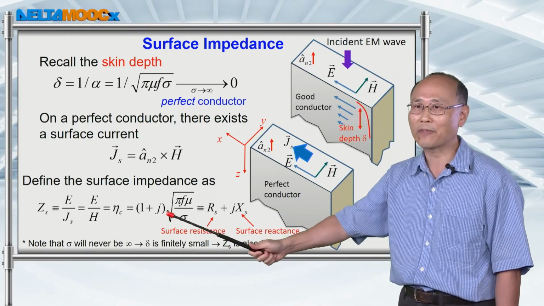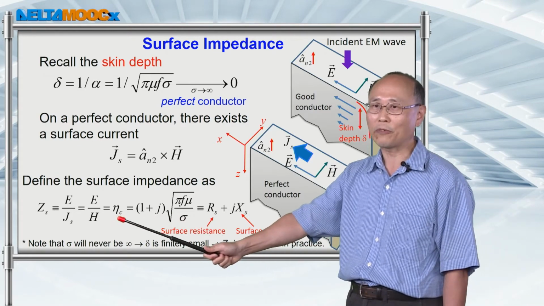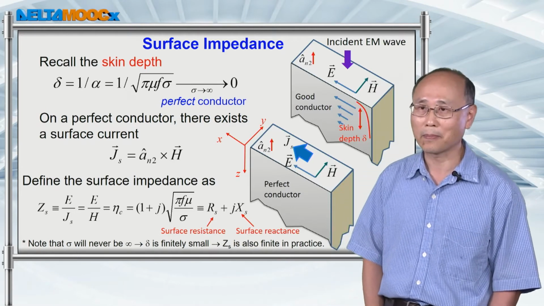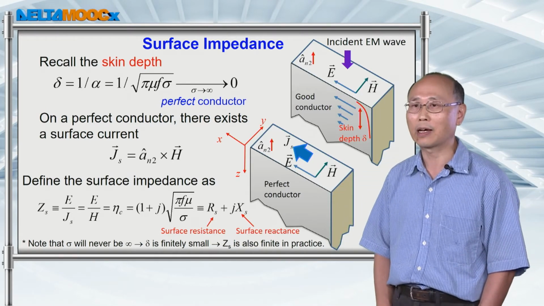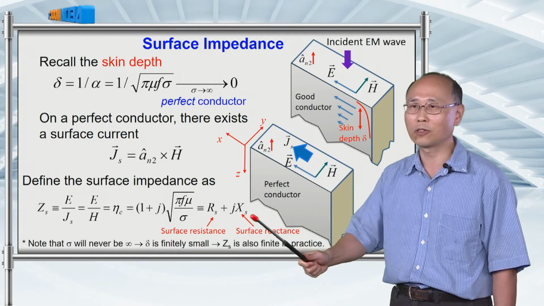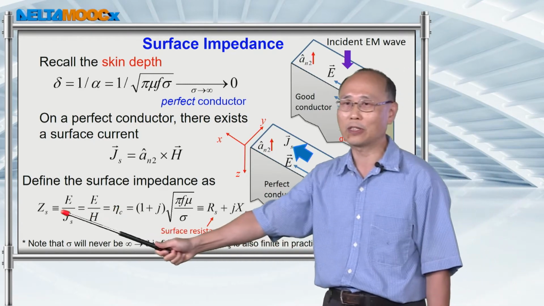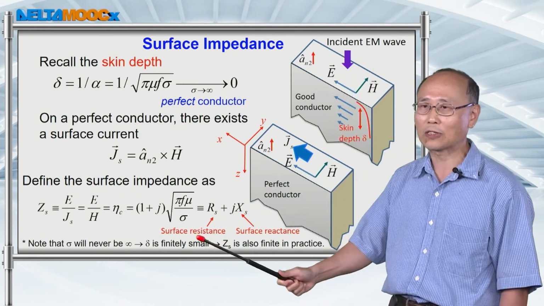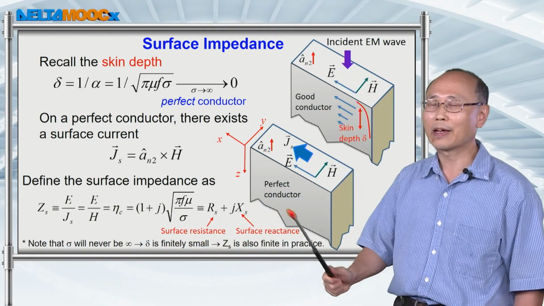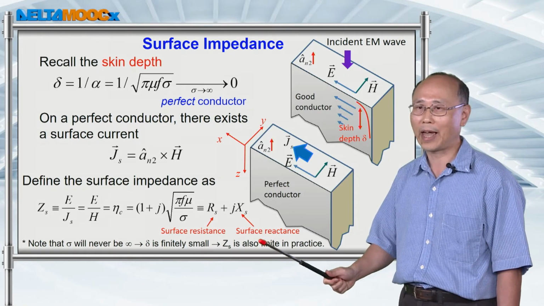So you end up having the same expression as the intrinsic wave impedance of the electromagnetic wave inside a piece of good conductor. And you have the real part and also the imaginary part. And the real part of this surface impedance is called surface resistance. And the imaginary part of this Zs is called the surface reactance.